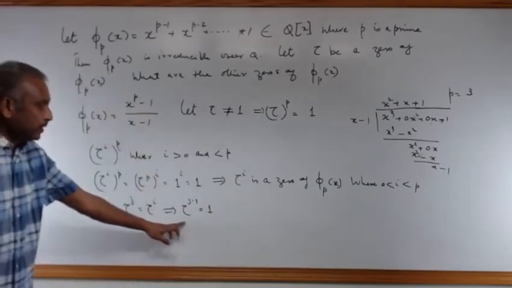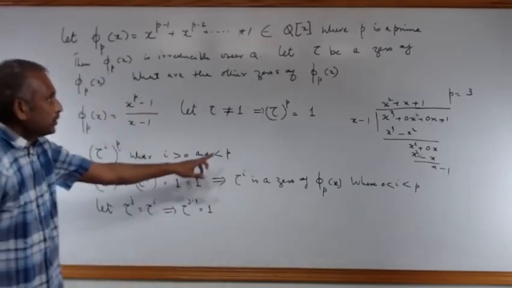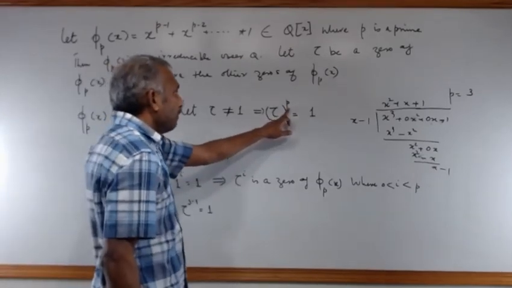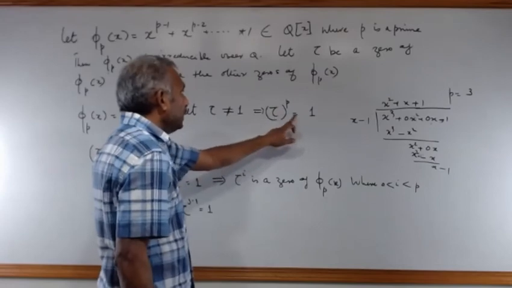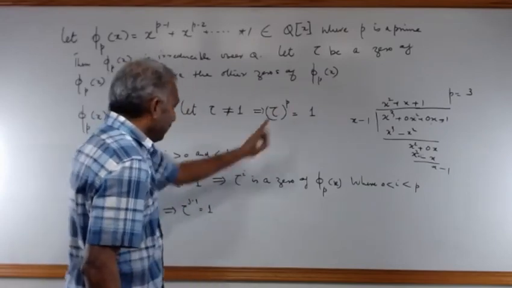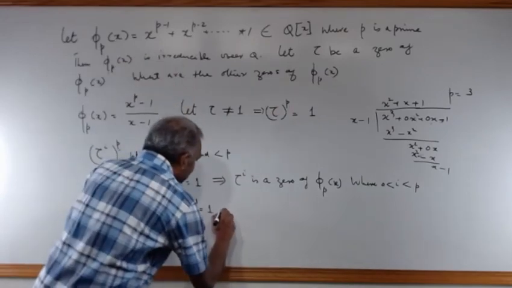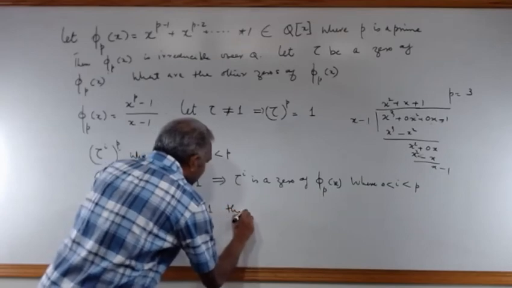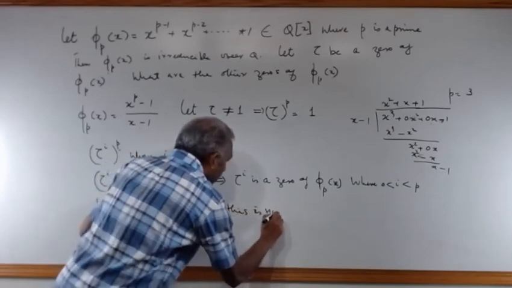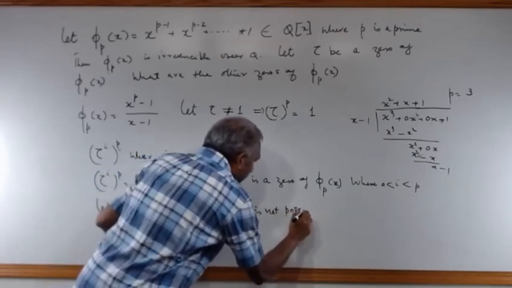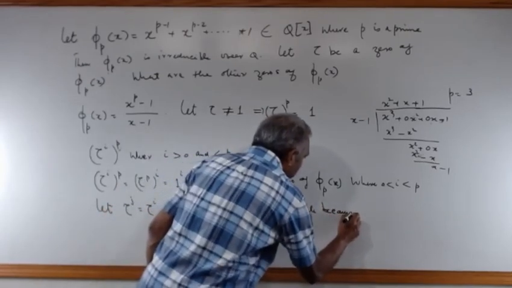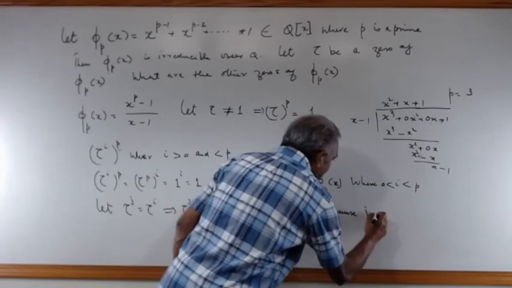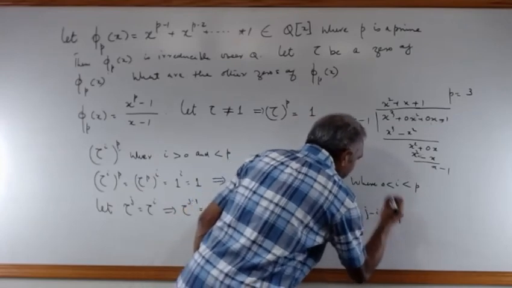This is not possible because the lowest power of ψ that needs to be 1 is p, because j minus i is less than p.